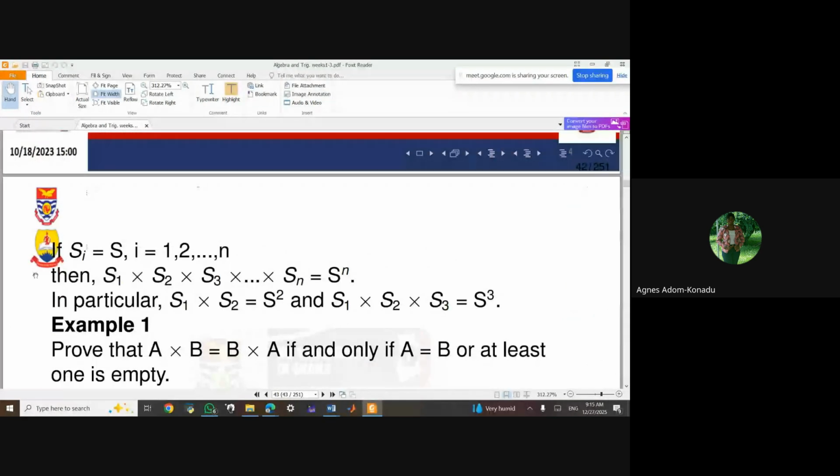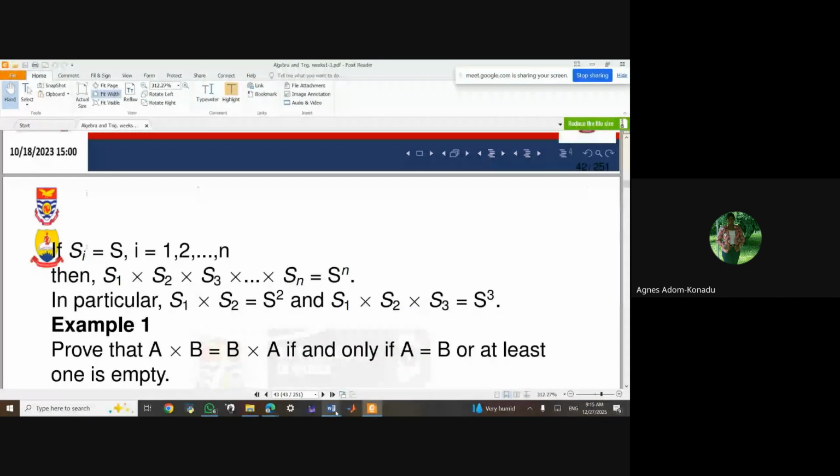So if I have Si, where i is equal to 1, 2, 3 up to n, then my S1 cross S2 cross S3 cross S4 up to cross Sn can be written as S to the power n.